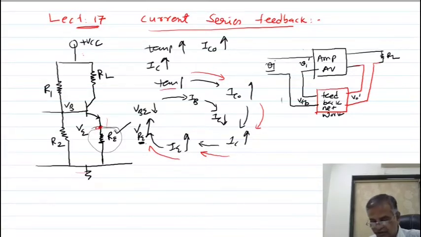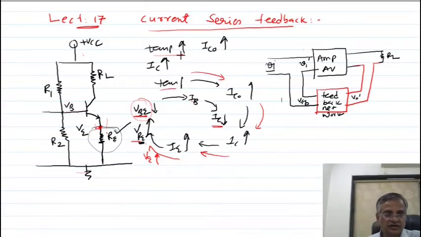So VBE decreases, because VBE is base voltage minus emitter voltage. As emitter voltage increases, VBE decreases, the base current decreases, and collector current decreases. Thus the collector current tries to remain constant with increase in temperature.